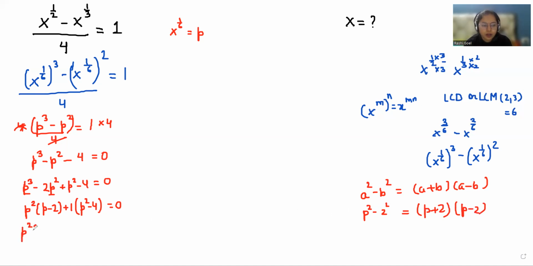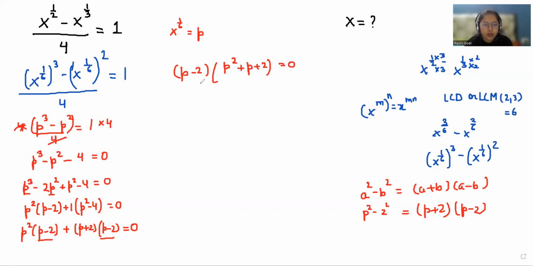So p square into p minus 2 plus p plus 2 and p minus 2 is equals to 0. Now from the brackets, we can take p minus 2 as common. So what is left? p square plus p plus 2 is equals to 0.